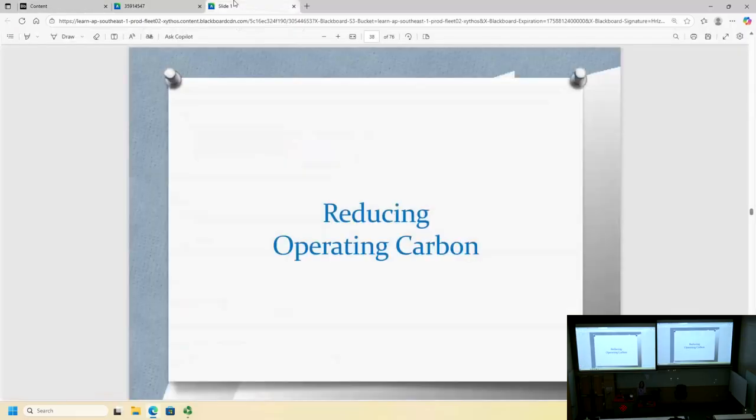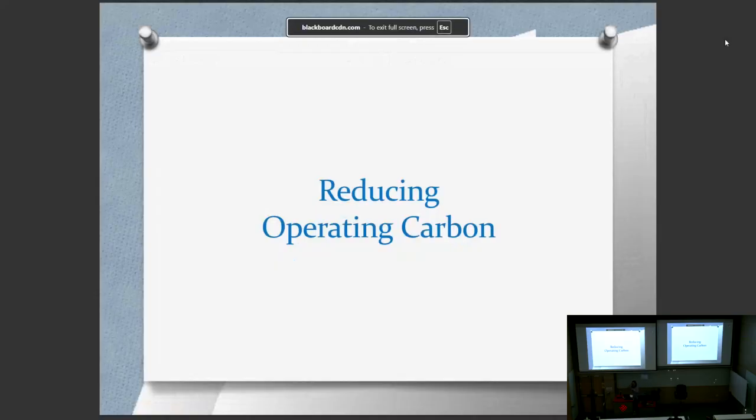So let's continue. Before the break, we have discussed different kinds of building materials and their potential to reduce the embodied carbon. And apart from the embodied carbon, we also have the operating carbon. That is the carbon emissions due to the daily operation of the building.